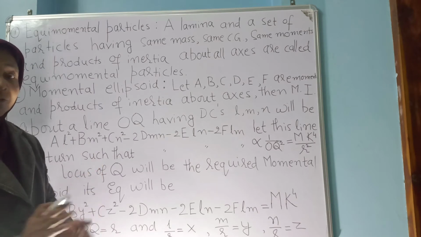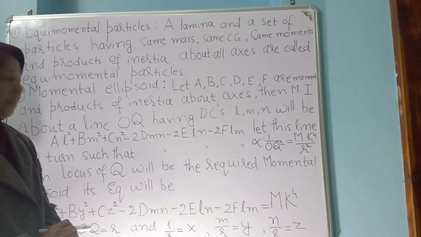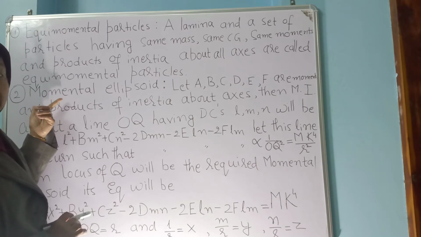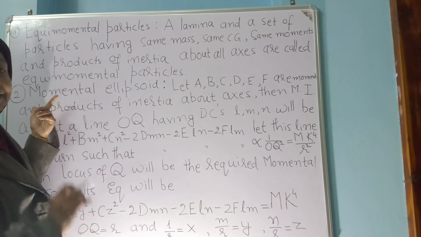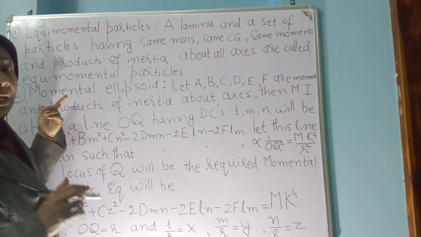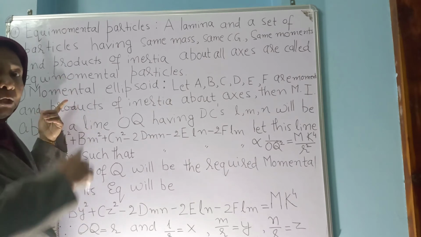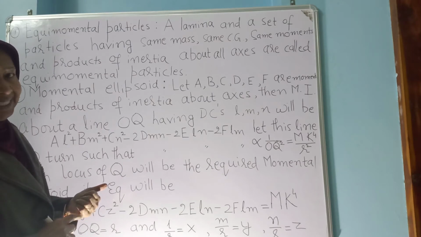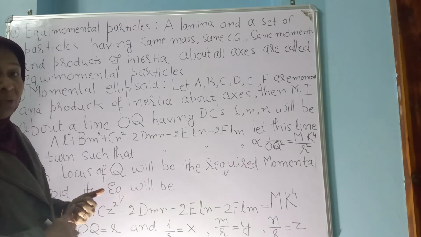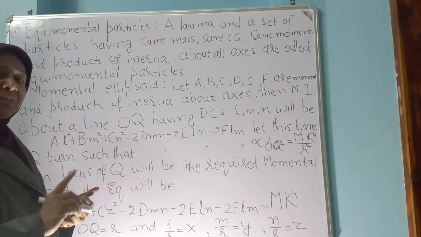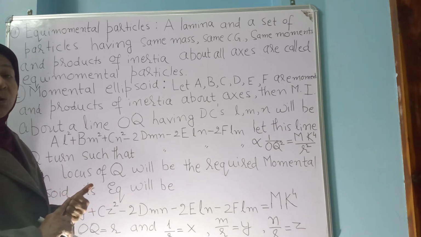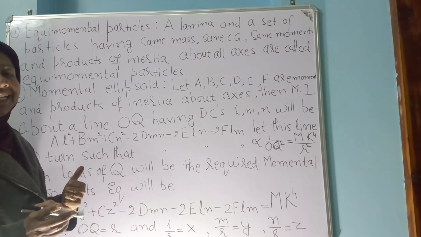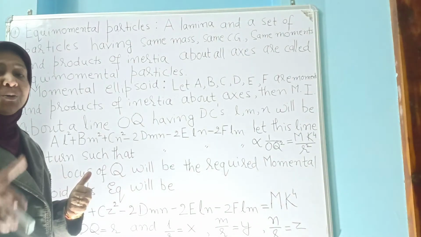Now what do we have to do to find the momental ellipsoid? The momental ellipsoid is actually the locus of that Q which is turning. Is that clear? Locus of Q. And you will see that this locus of Q is nothing but an ellipsoid.